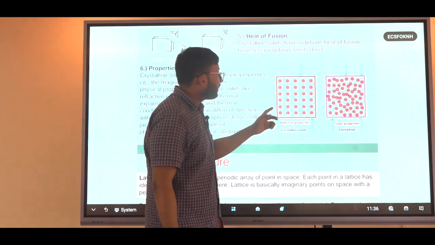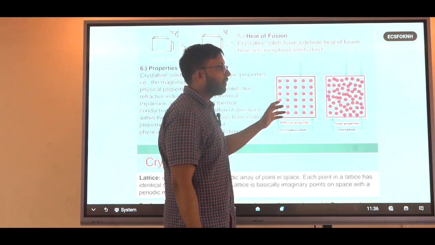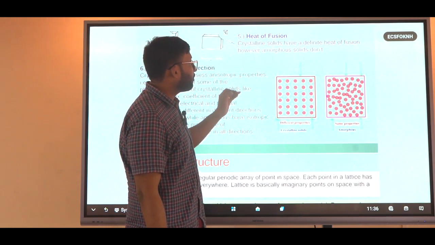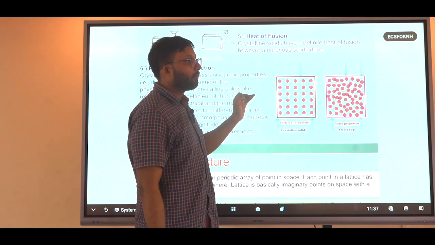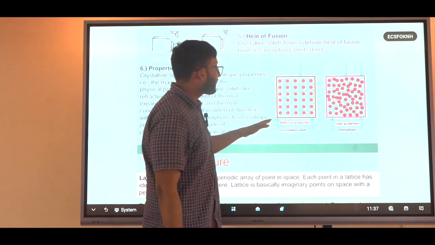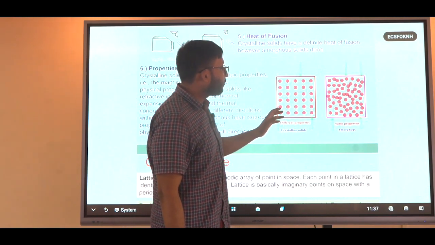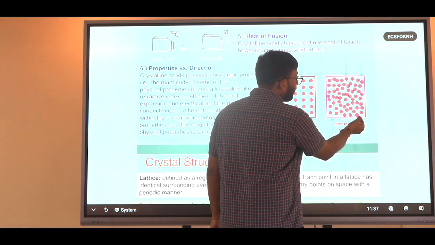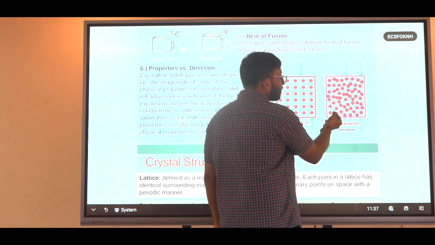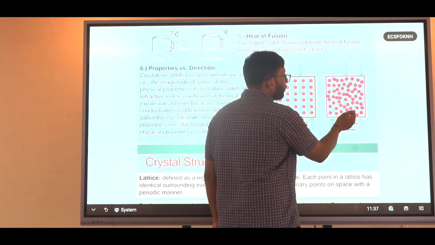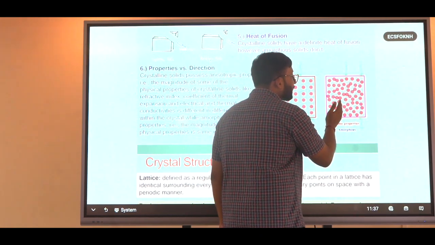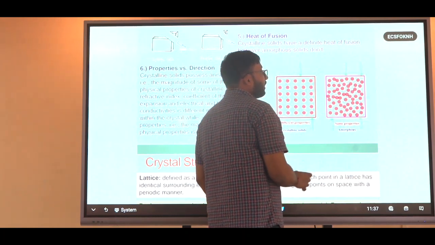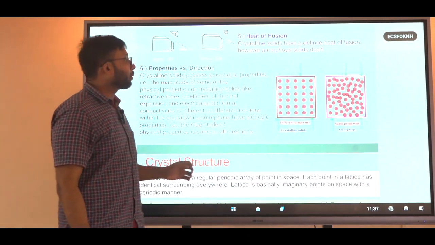This fact gives a wide variety of property change in crystalline solid. But if I try to see the same thing in an amorphous solid, even if I move from any point along the horizontal line, I will always encounter some atoms. Therefore, it gives another set of properties.